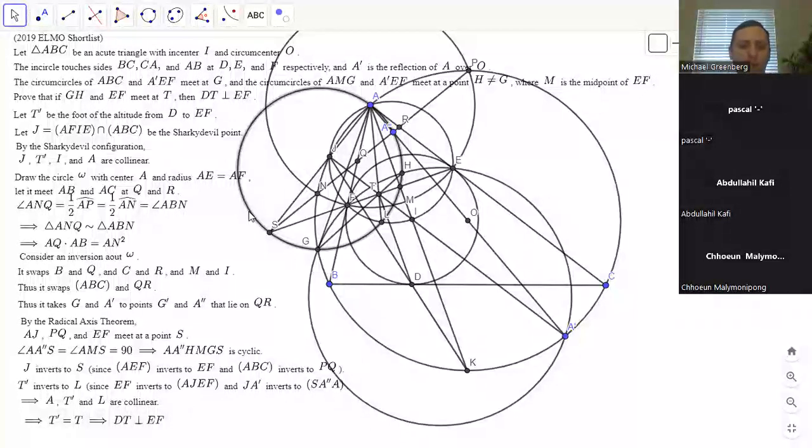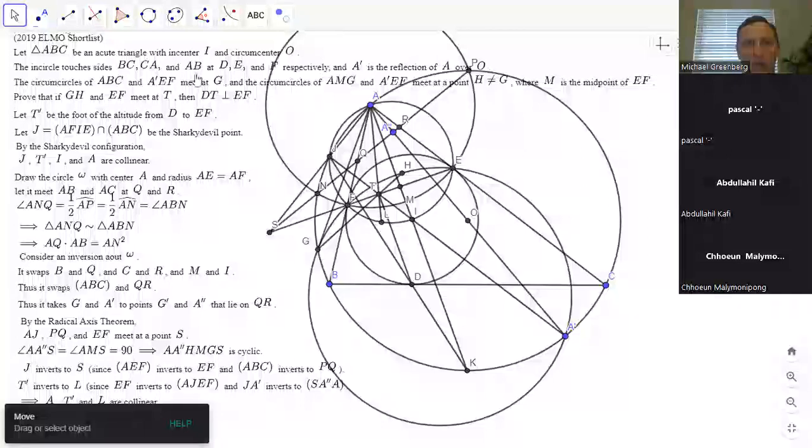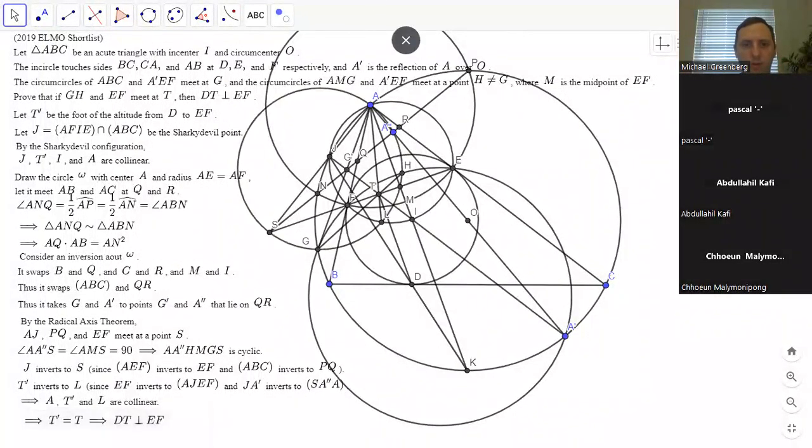Yeah, I think we might have missed a step here. How do we know that G prime lies on this?